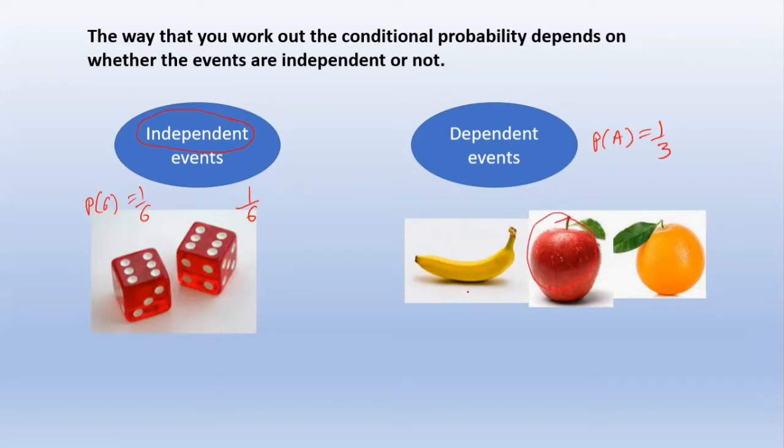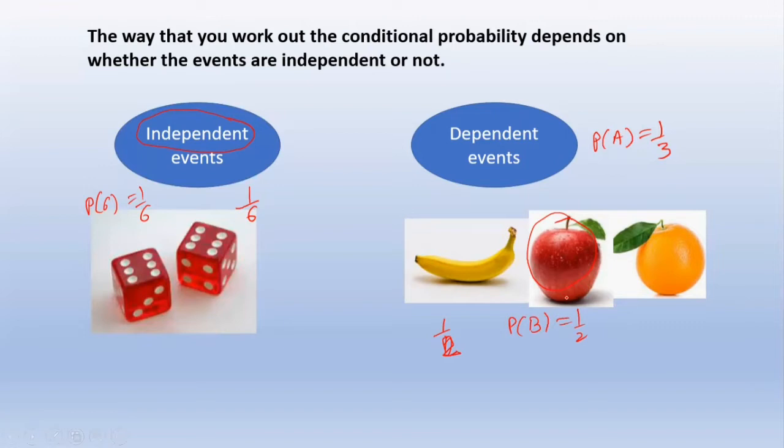So the probability of eating a banana is going to be 1 upon 2, or if I want to eat an orange, this is going to be 1 upon 2. So what is happening here? There is a condition given that one fruit you have already eaten. So this type of probability is called conditional probability.